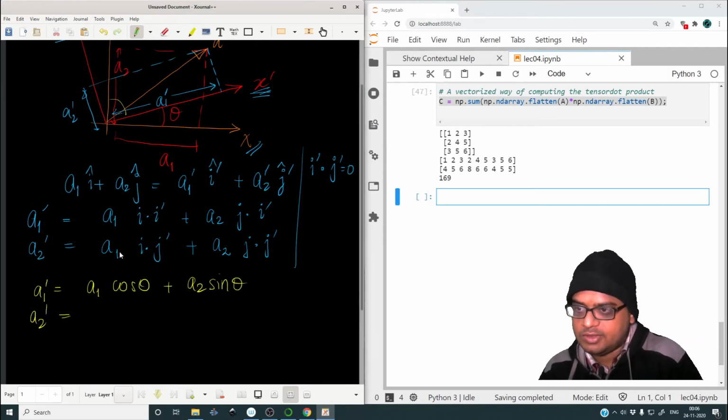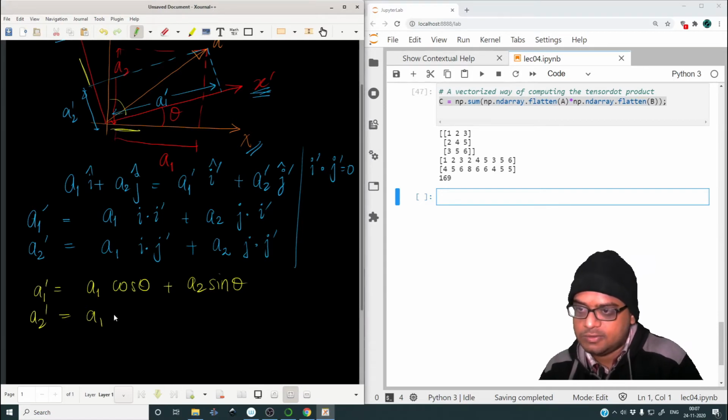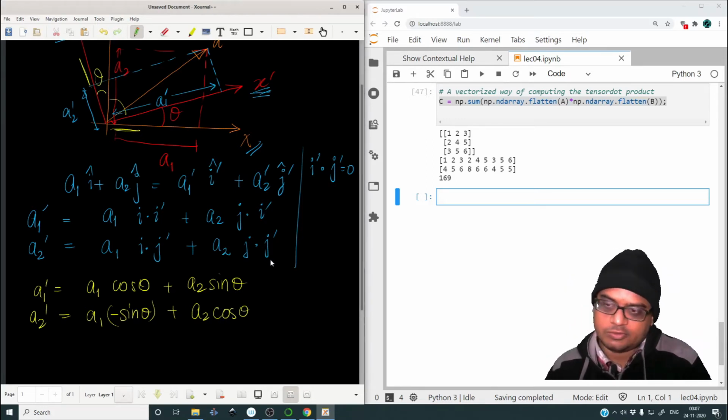A2 prime is basically a1 i dot j prime. So this is j prime and this is i. So it is cos of 90 plus theta, which is minus sine theta. And a2, this is j and this is j prime. So this angle is obviously theta, so this will be cos theta because j dot j prime is cos theta.